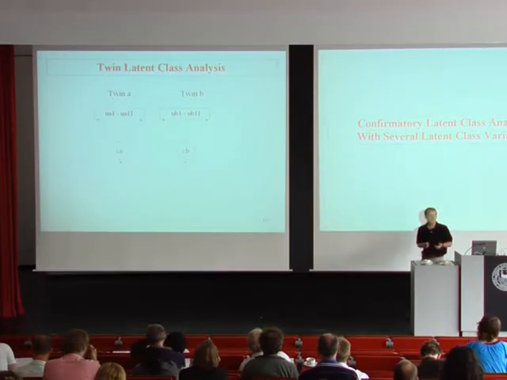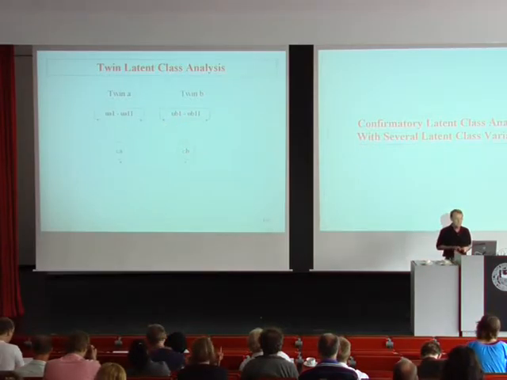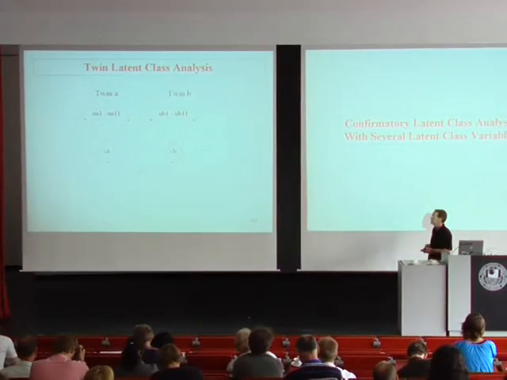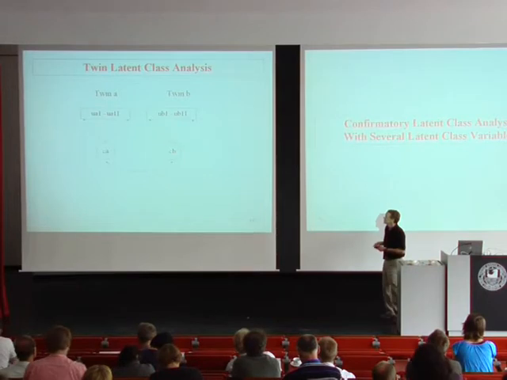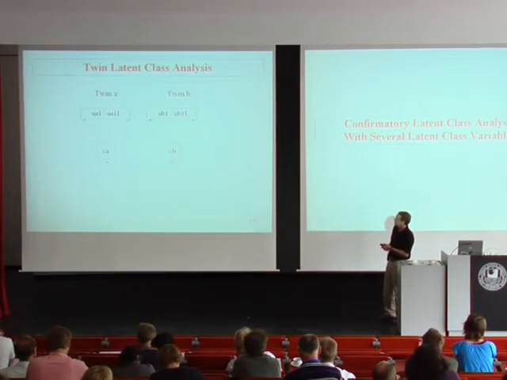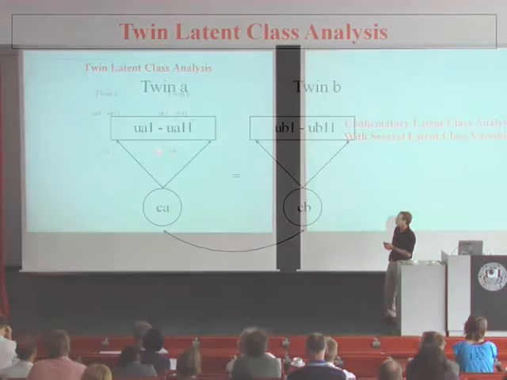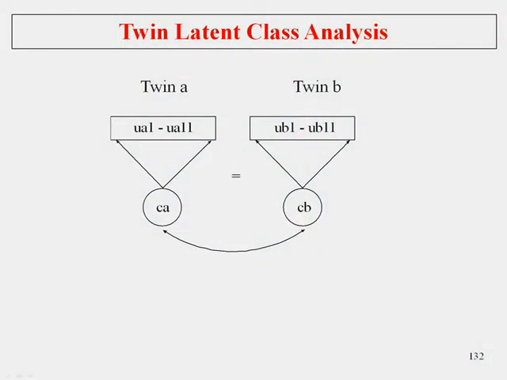So we're assuming that we have measurement invariance. It would seem like that would be a good case for measurement invariance, the twin setting. That would be a likely place to have measurement invariance. And we may even think that you have certain relationships between the parameters of the latent class variables. So we'll take a look at that.